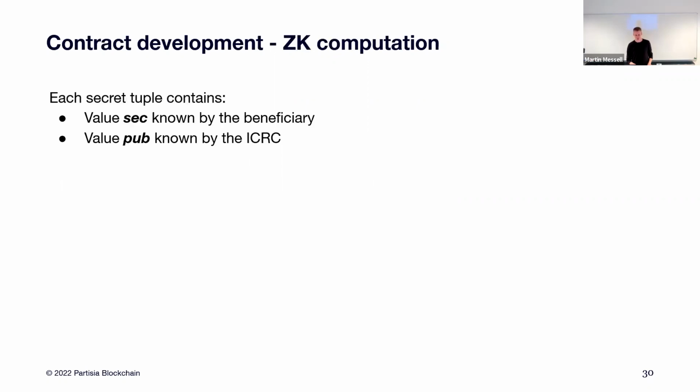So the ZK computation, we define each variable as a secret tuple, which contains the secret value, which is known by the beneficiary, and the public value, which is known by the ICRC, and the balance value, which reflects the balance available to be claimed.